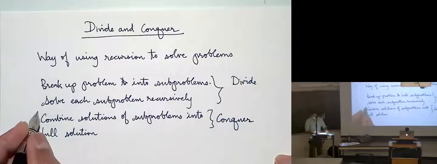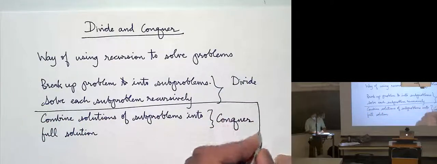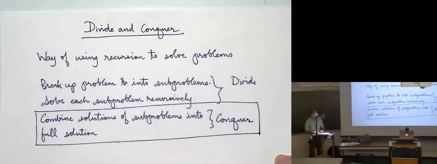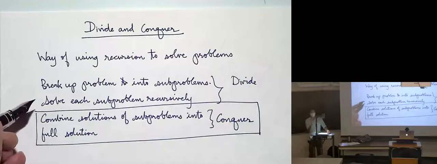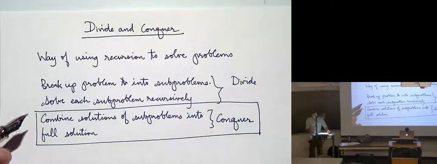It turns out that all the work is really being done here. Because in the divide step it seems like you're not saying anything specific to the problem itself. You're just dividing. But when you combine solutions of subproblems, that's when the actual work happens.